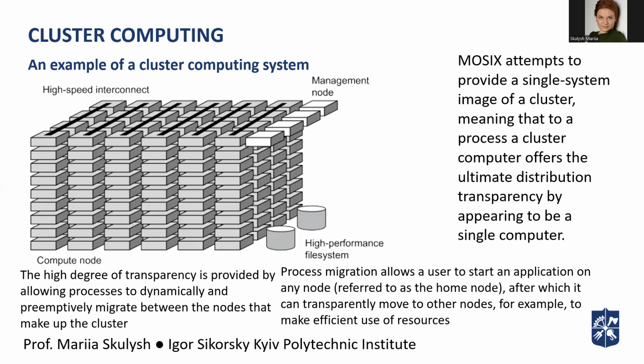This cluster computing has to have a high degree of transparency, provided by allowing processes to dynamically and preemptively migrate between the nodes. So how it should be: on one side, it is independent nodes which can be replaced, or which can work or not work together.